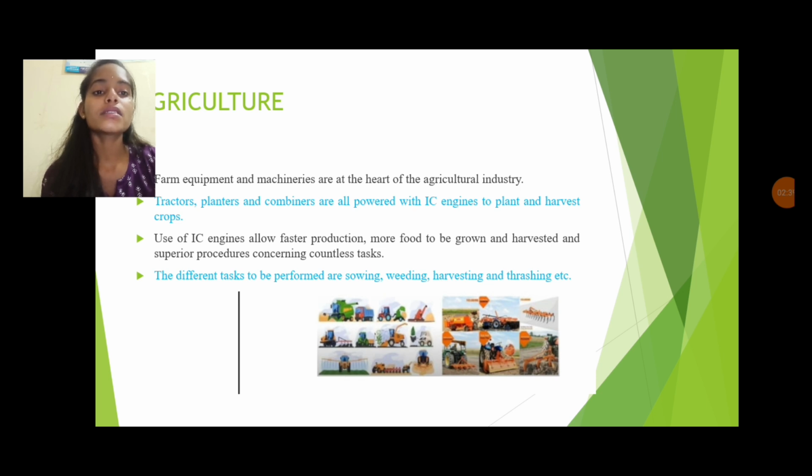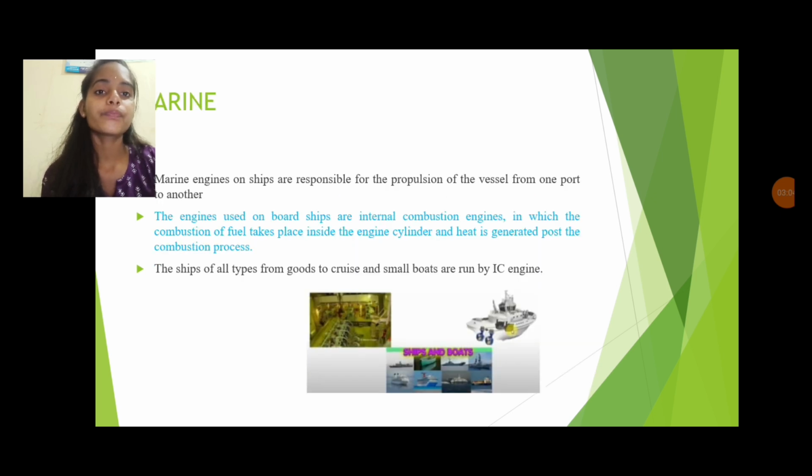Using IC engines allowed faster production, more food to be grown and harvested, and superior productivity in countless tasks. The different tasks performed are sowing, welding, harvesting, and threshing, etc.